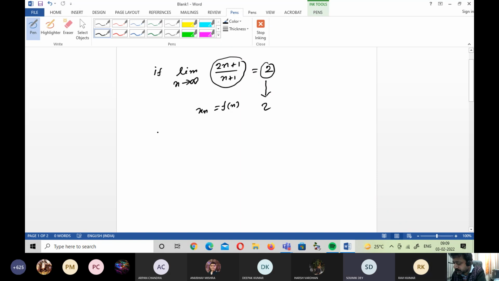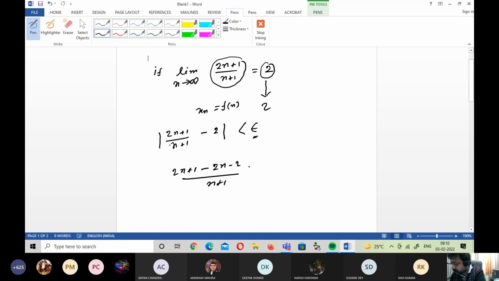So if you write that the absolute difference between (2n plus 1) by (n plus 1) minus L, where L is 2, is less than epsilon, you don't know what the value is, but you just consider some small value. If you solve it, it will be 2n plus 1 minus 2 into n plus 1, that is 2n plus 1 minus 2n minus 2, by n plus 1.